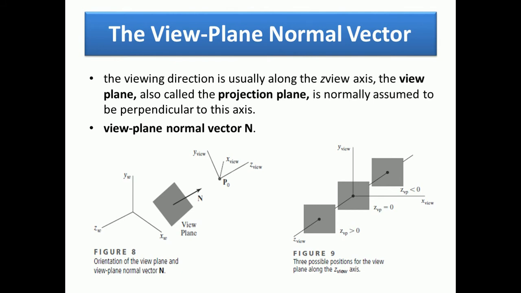This parameter value is usually specified as a distance from the viewing origin along the direction of viewing, which is taken to be in the negative z view direction, that is important. Hence, the view plane is always parallel to the x view, y view plane, and the projection of objects to the view plane corresponds to the view of this scene that would be displayed on the output device.